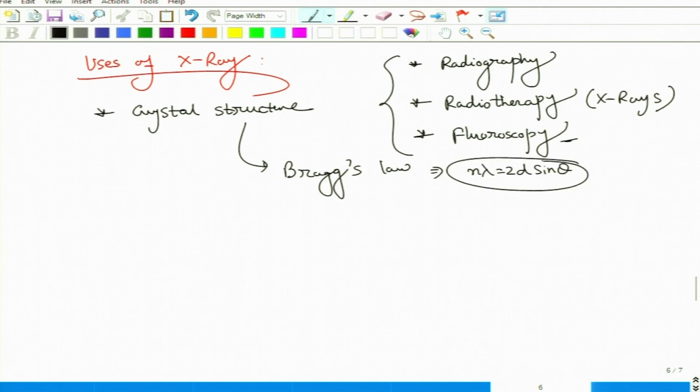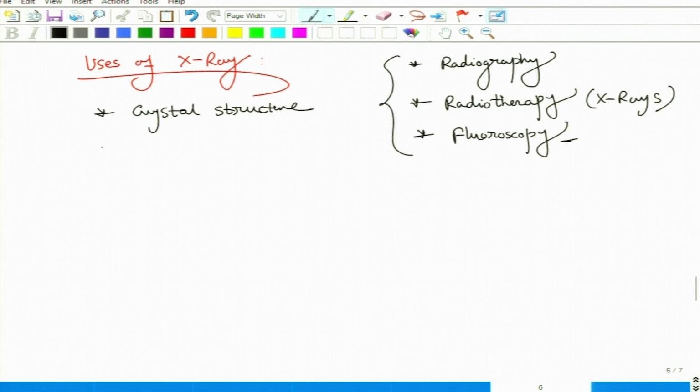This law guides how the X-ray will be diffracted. This is not in our syllabus. So X-rays are used to analyze the crystal structure, and also in metallurgy, to detect defects in metallic castings. So these are the uses of X-ray.